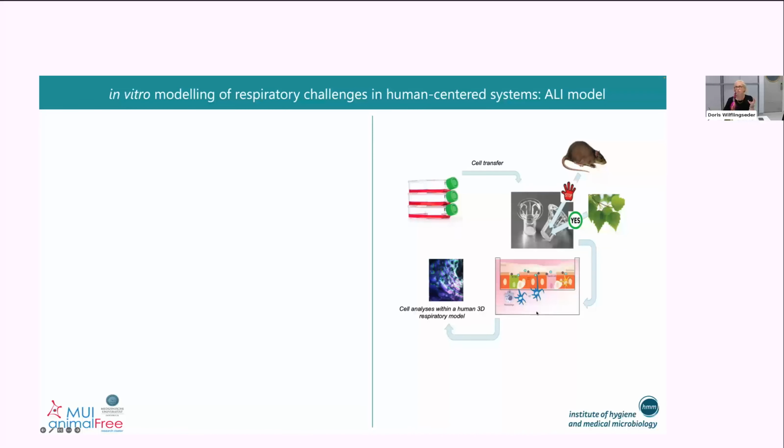So therefore, you can see that this system is really quite physiologic because it's in an air-liquid interface, and it's really easy to also add immune cells. Of course, you can also add humoral components such as complement.